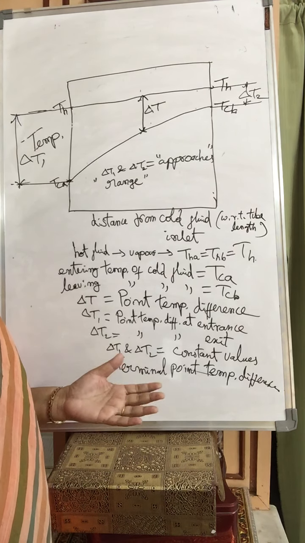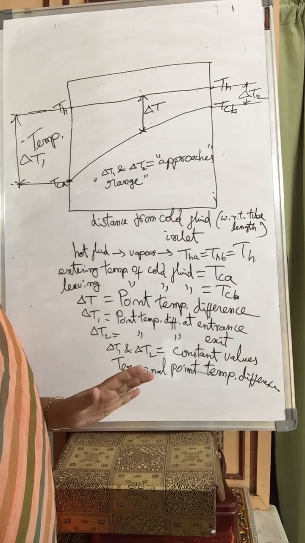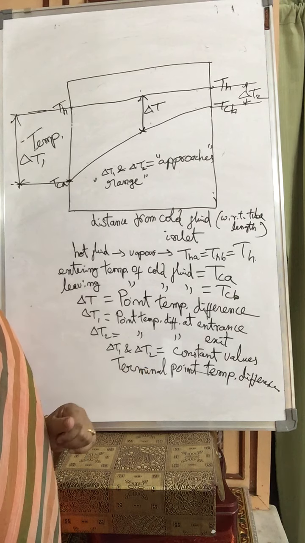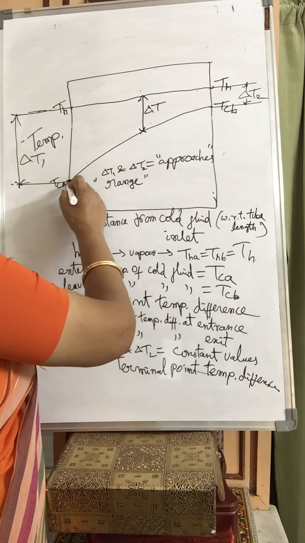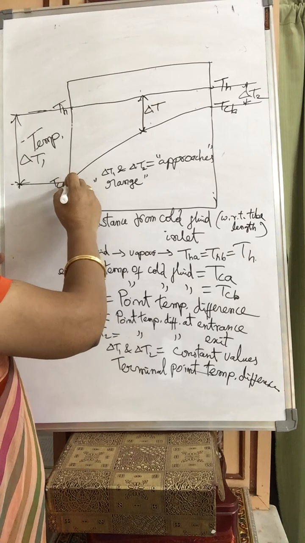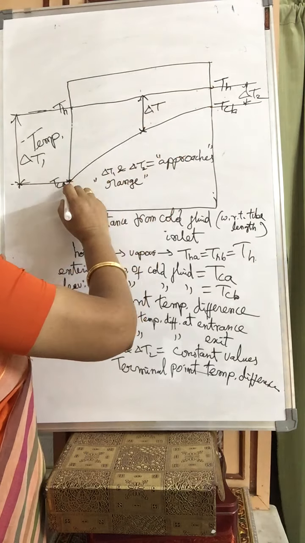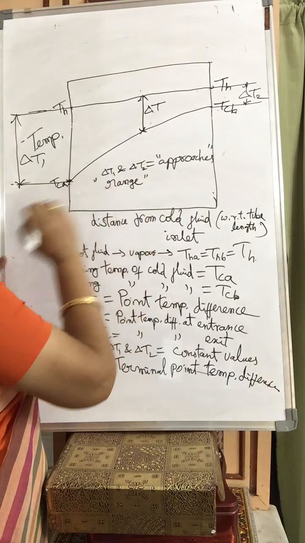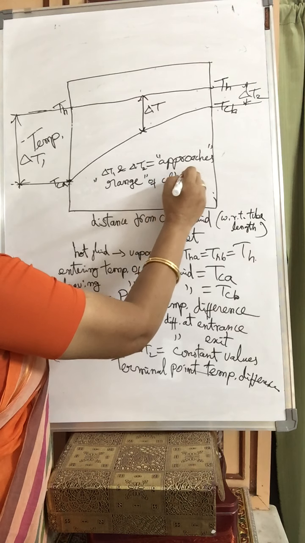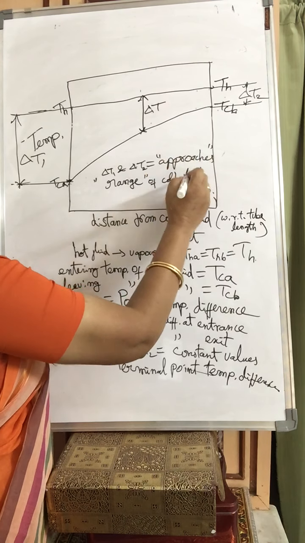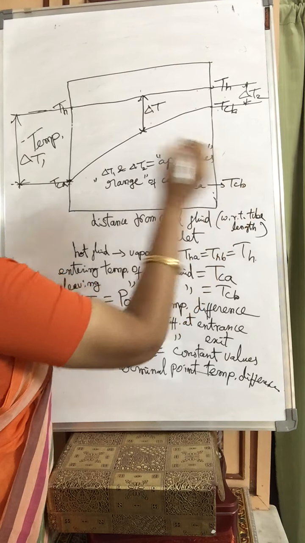So we should tell the initial value, the minimum value and the maximum value. That is the meaning of range. Here TCA is the minimum value and TCB is the maximum value. So this is the range of cold fluid, TCA to TCB.